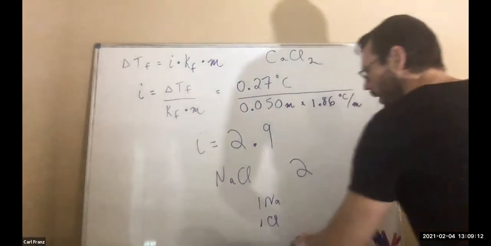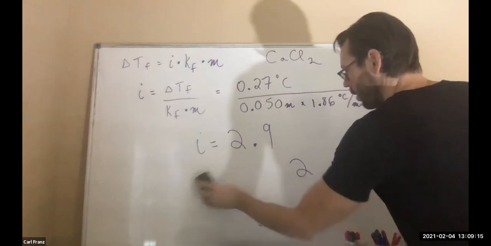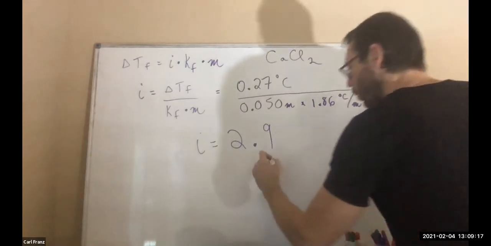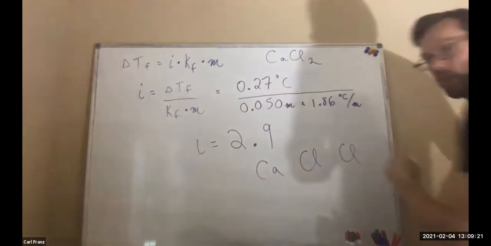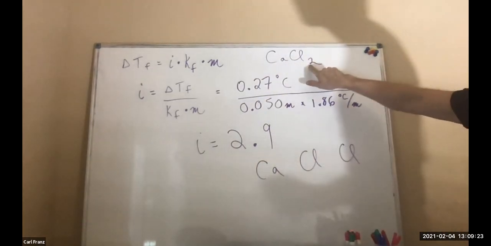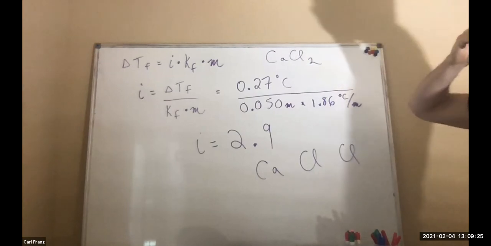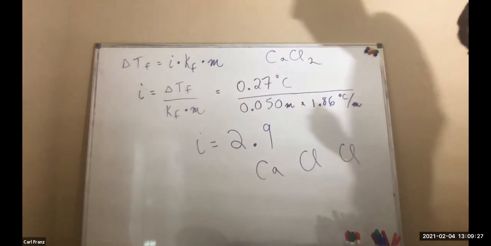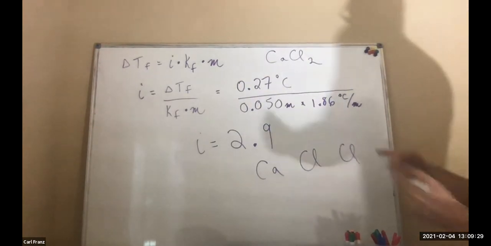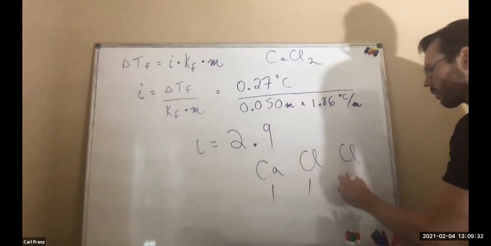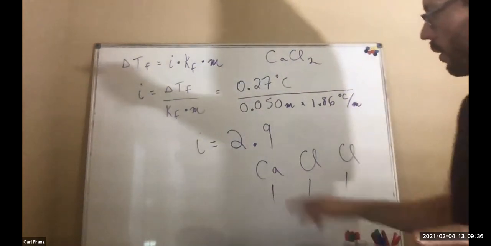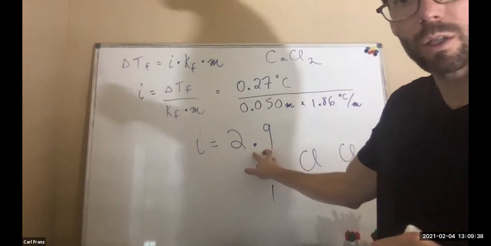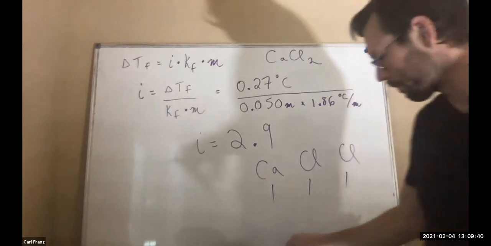What's calcium chloride going to do? Well, that would go into a mole of calcium, a mole of chlorine, and then another mole of chlorine, because there are two chlorine atoms on that molecule. So our expected is 1, 2, 3. So our expected Van Hoff is 3, pretty close at 2.9. Okay.